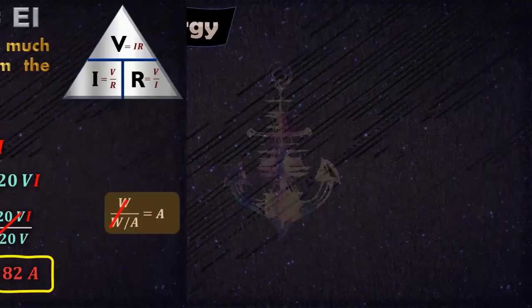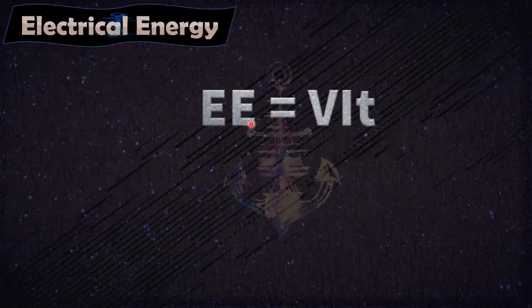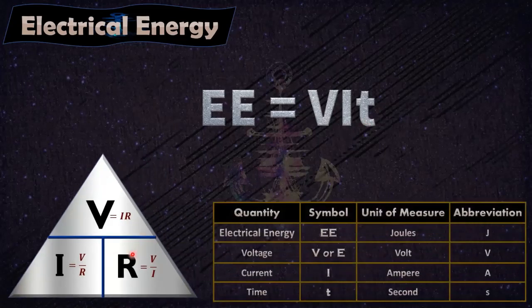To solve for electrical energy, we have this formula, E equals VIT. So that is, E is equal to voltage times current times time. I have here again the magic triangle. This formula stands for electrical energy, E, V as voltage, I as electric current, and T as time.